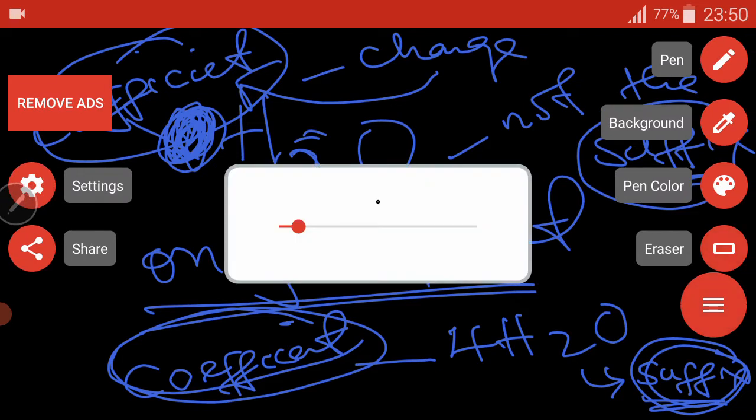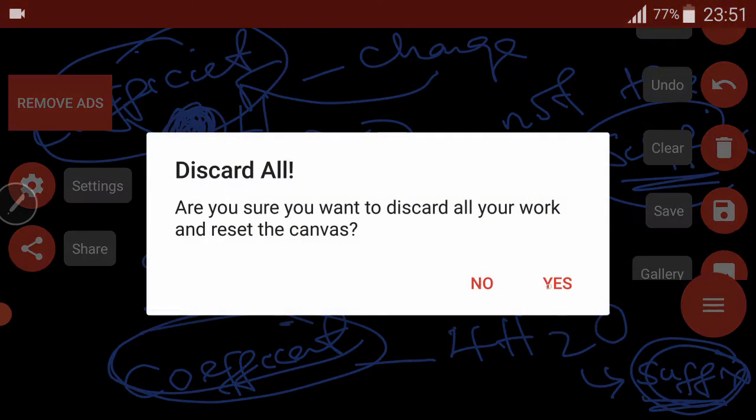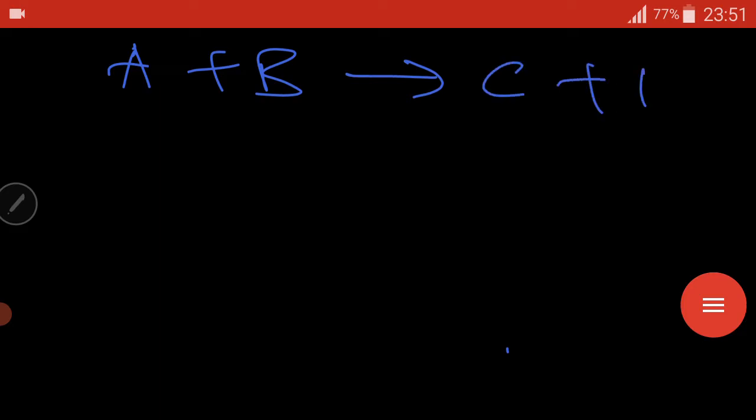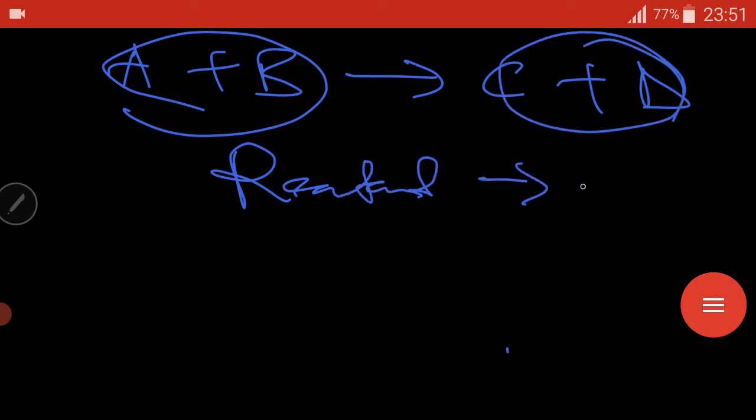Okay, so let's look at some examples, then we can see how we can do it. A chemical reaction was given to be A plus B having the product of C plus D. So these are the reactants, and they are the products.